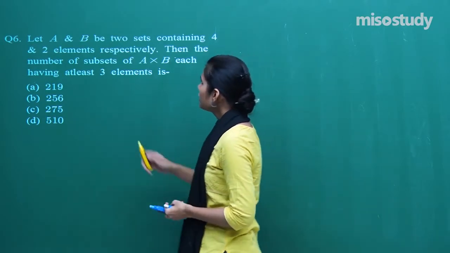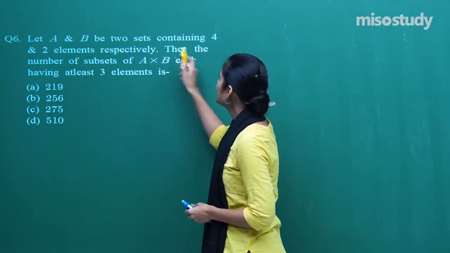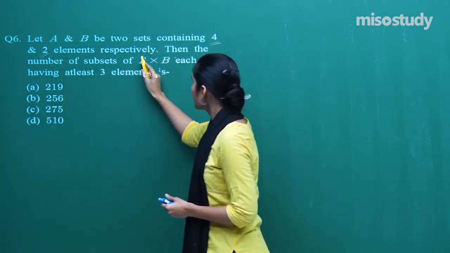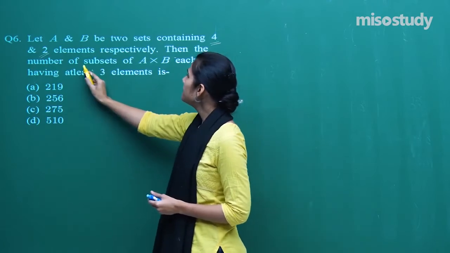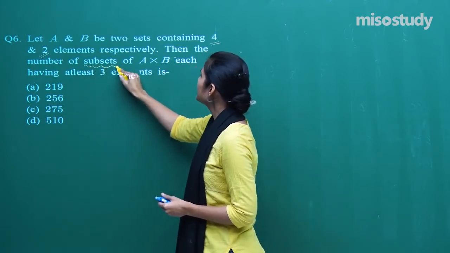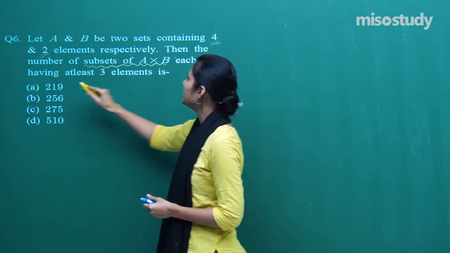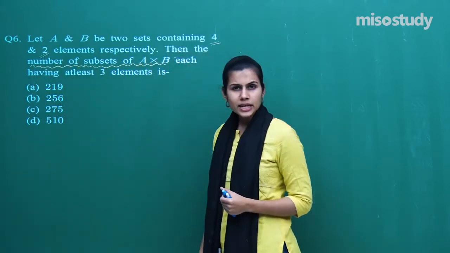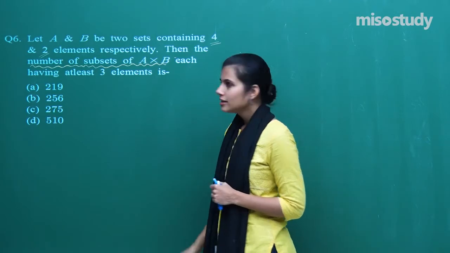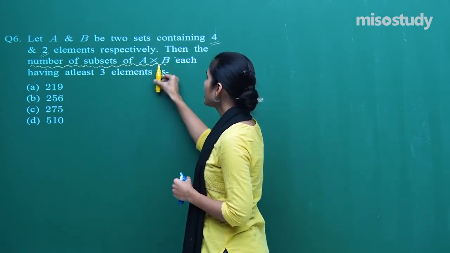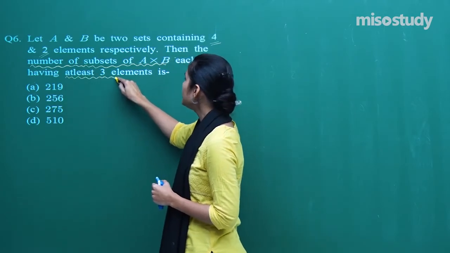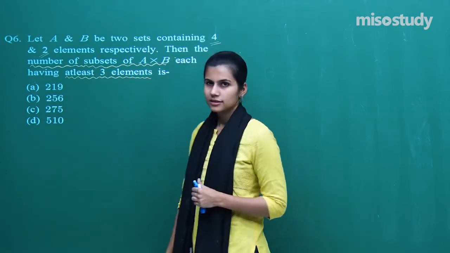It says if A and B are two sets containing 4 and 2 elements respectively, then the number of subsets of A cross B. Can you identify something with the number of subsets? Well, number of subsets of A cross B, each having at least 3 elements.